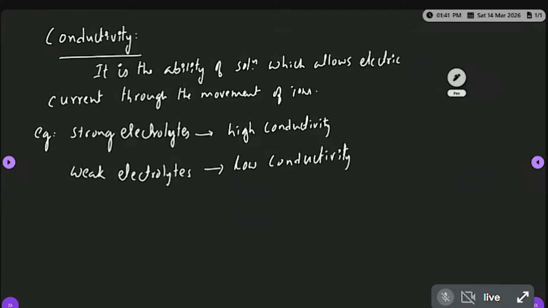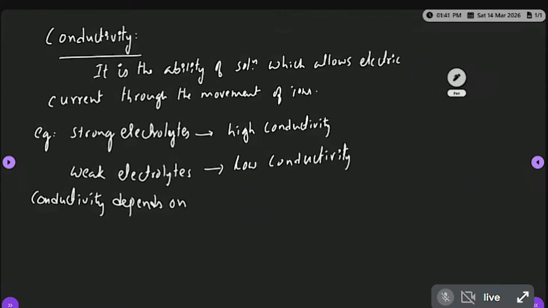Generally the conductivity depends on various factors. Here we discuss only two factors. One is number of ions and the other is mobility of ions.